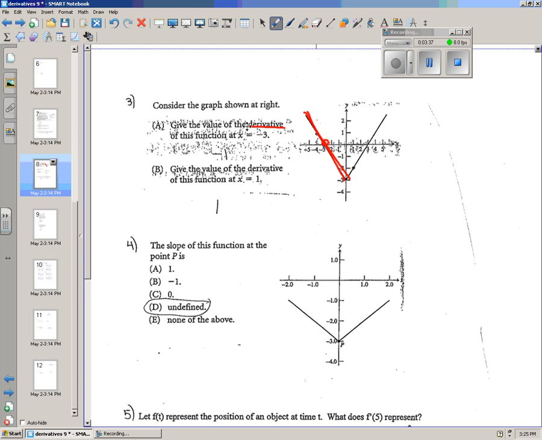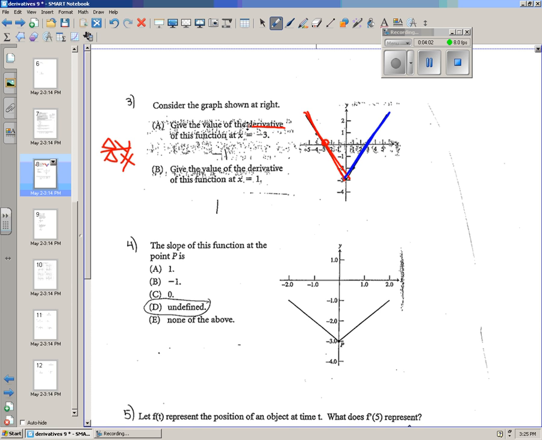So slope is just change in y over change in x, which you can see here is negative 1. Okay, now we can see that we have another little line segment on the other side, and we're interested in the slope at 1. So to get the slope at 1, we just notice, okay, this is a standard line. We can get the slope by counting up and over. So you can see that the slope here would be 1.